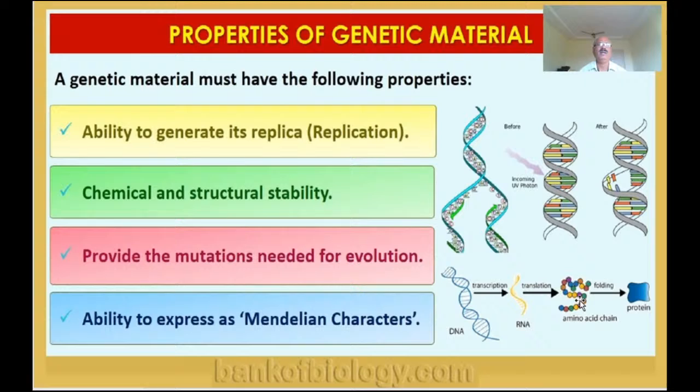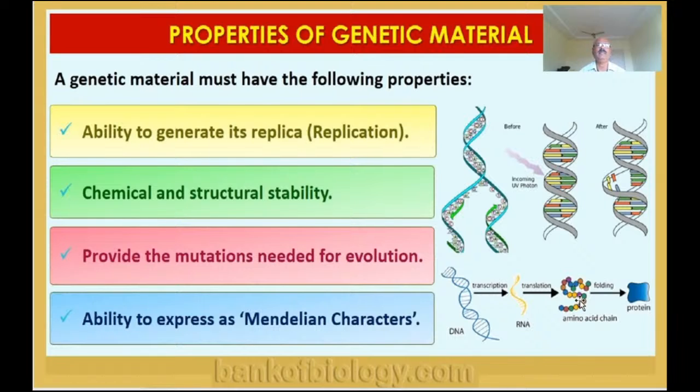Chemical and structural stability, provide the mutations needed for evolution. Mutation means a sudden change. With this mutation, organic evolution occurs in nature. Ability to express as Mendelian characters. These are the important properties of genetic material.